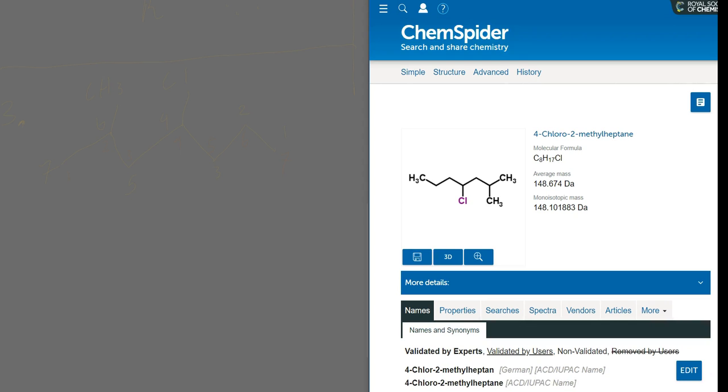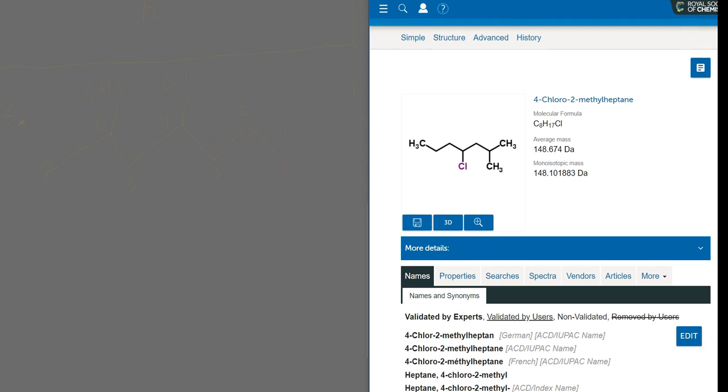So indeed this exists. So 1, 2, 3, 4, 5, 6, 7. Indeed, yes. So 4-chloro. It's good to check your work sometimes just to confirm. 4-chloro-2-methylheptane.